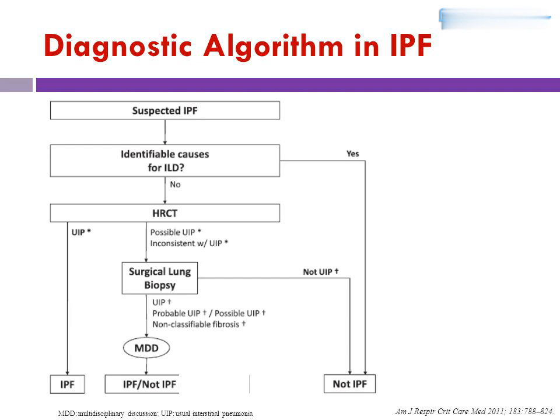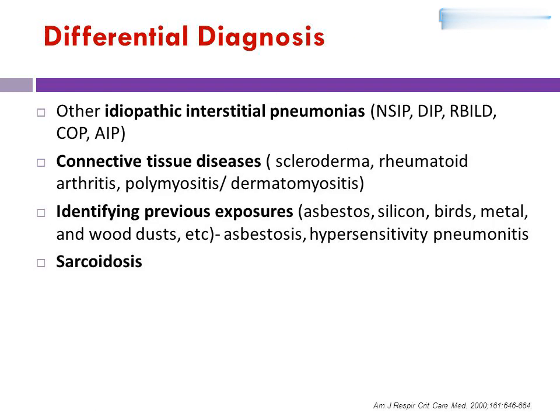Diagnostic algorithm in IPF. MDD, multidisciplinary discussion. UIP, usual interstitial pneumonia. Am J Respir Crit Care Med 2011, 183:788-824. Differential diagnosis. Other idiopathic interstitial pneumonias: NSIP, DIP, RB-ILD, COP, AIP.